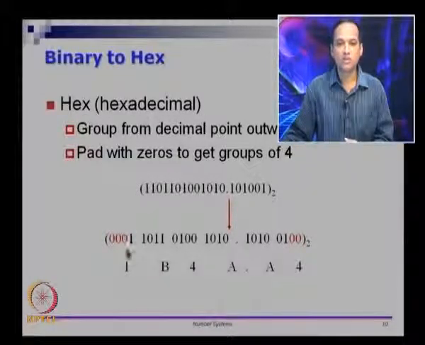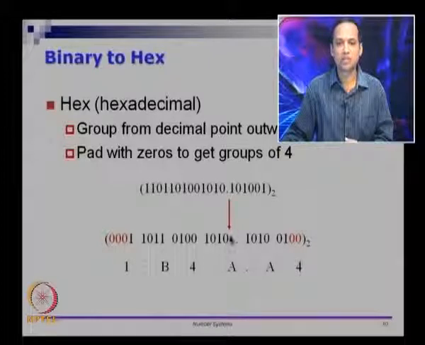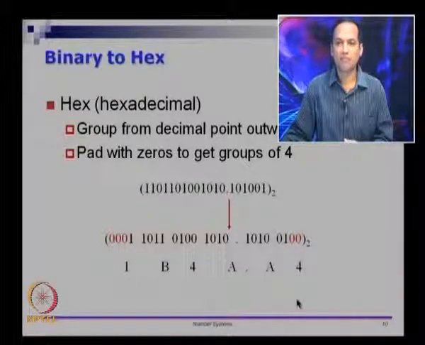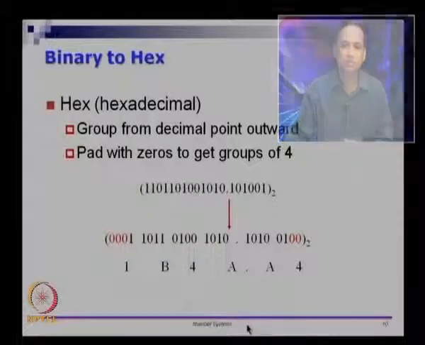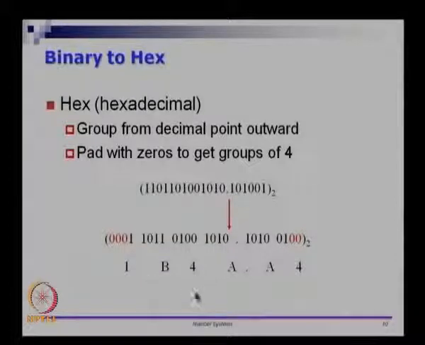So, we write that down. So, this is 1, this is B, this is 4, this is A, and that is 4. We can write it as 1B4A dot A4 base 16. So, this binary number that you see here is the same as 1B4A dot A4 base 16.